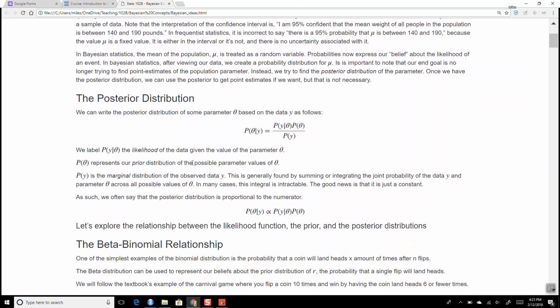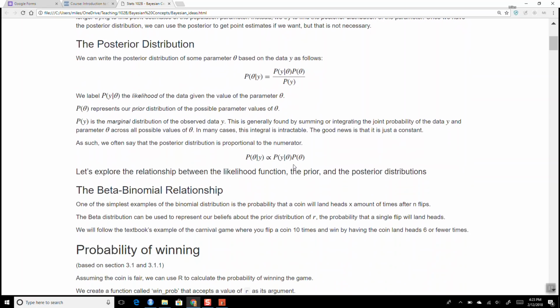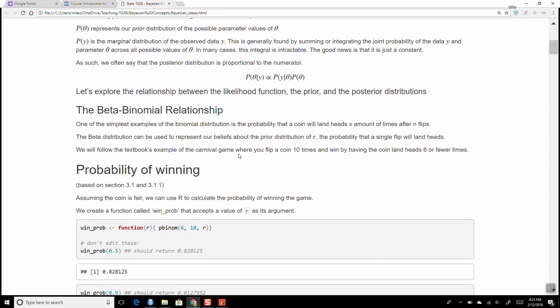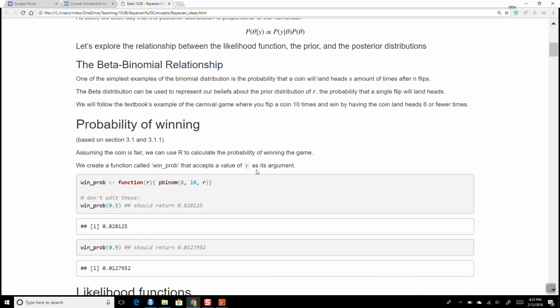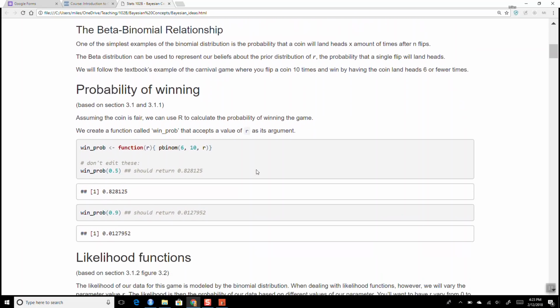Okay? And we said the posterior distribution looks like this, and we covered all of this, and because this thing is just a constant, we can have it in this form where it's proportional to. Okay? And so we'll take a look, and we're going to do the beta binomial relationship, at least for today, and then on Wednesday we'll look at other things.